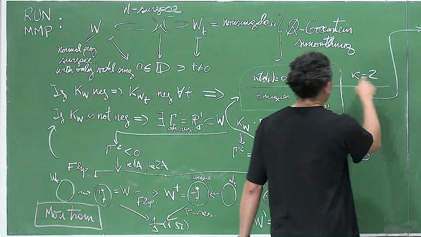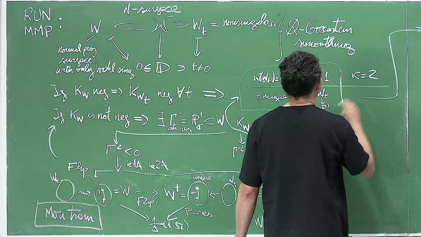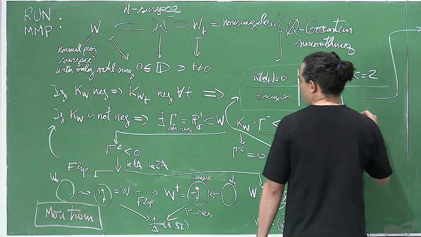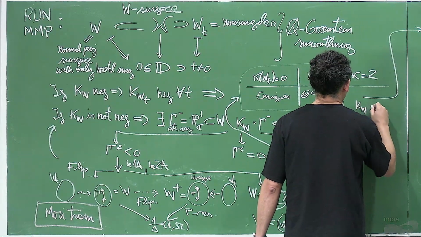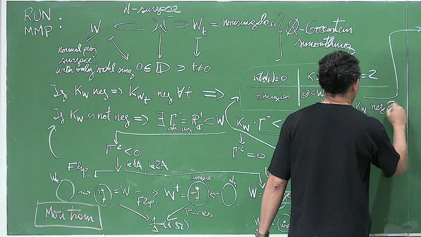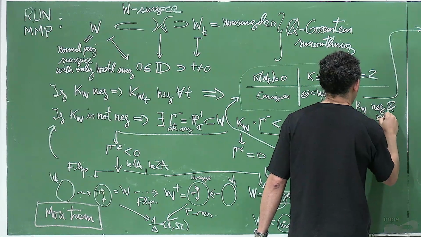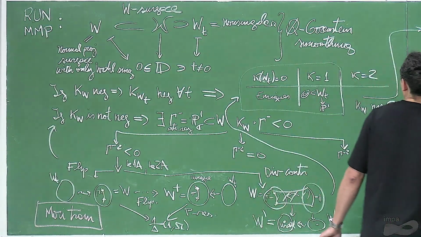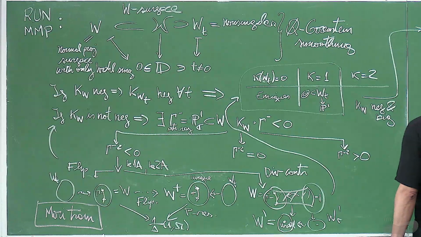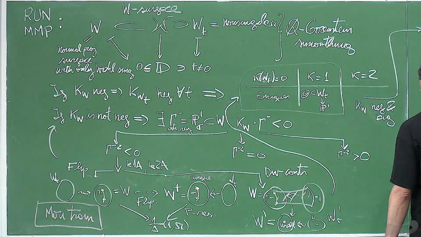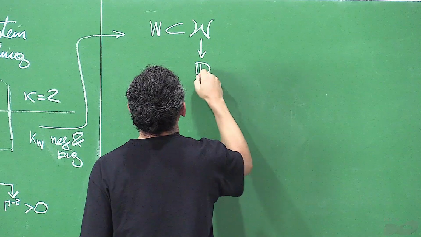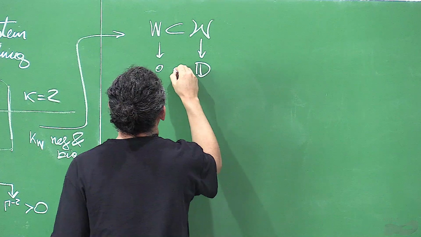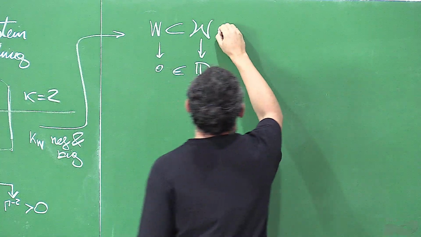Okay, so let me tell you about this now. So here, when the codimension of the general fiber is 2, then we have the situation of a big and nef canonical class. And then you can think in this way. We have the deformation, but now you want to go to the canonical model.